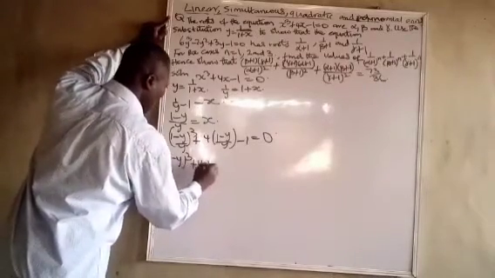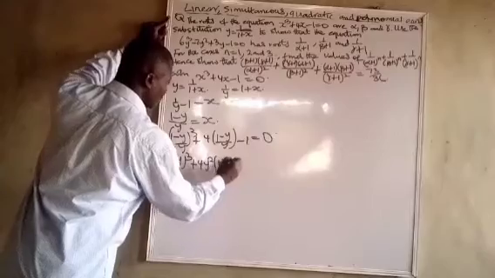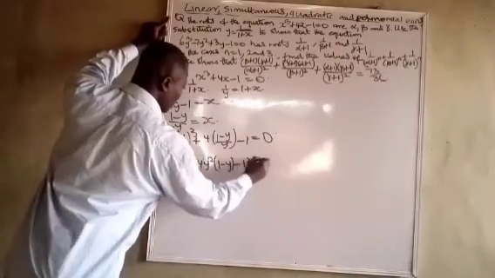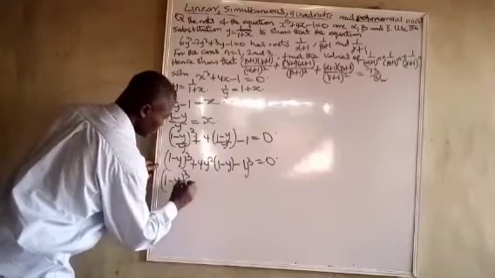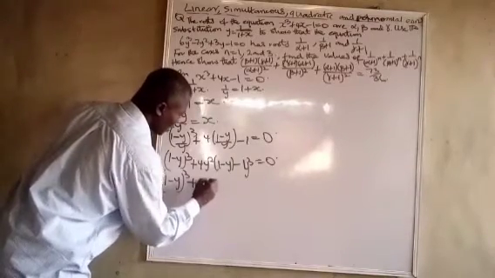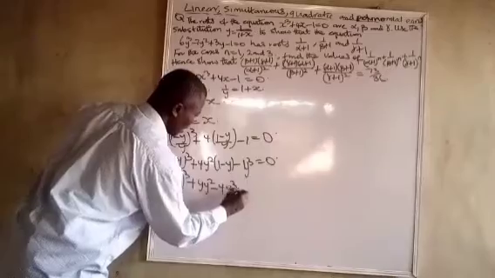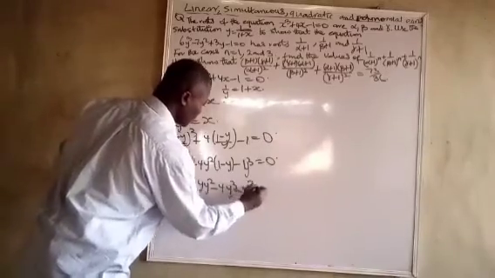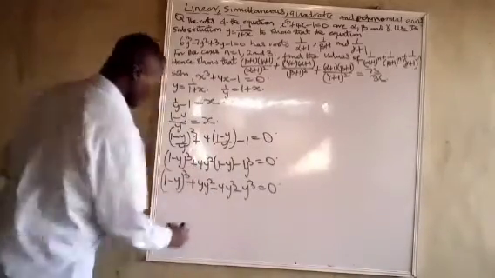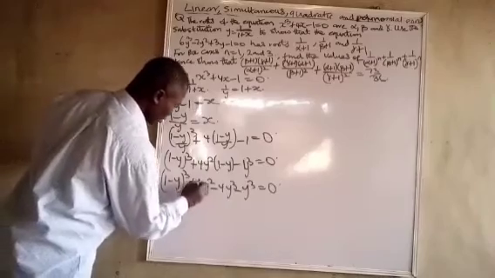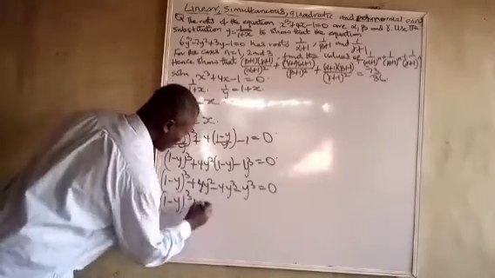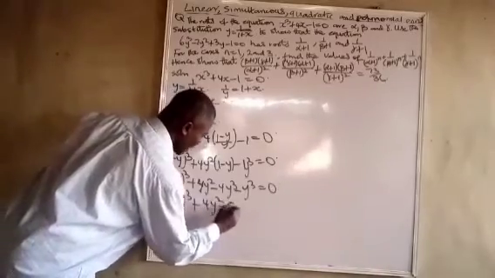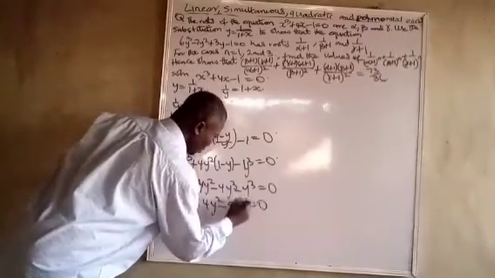So (1 minus y) cubed plus 4y squared times (1 minus y) minus y cubed is equal to 0. It's 4y squared, so (1 minus y) cubed plus 4y squared minus 5y cubed is equal to 0.